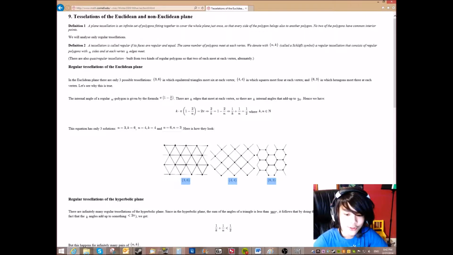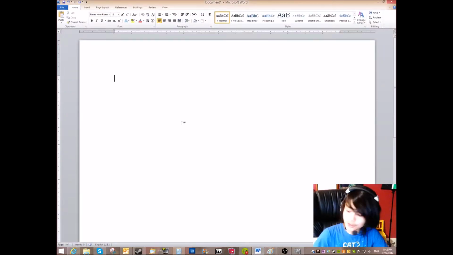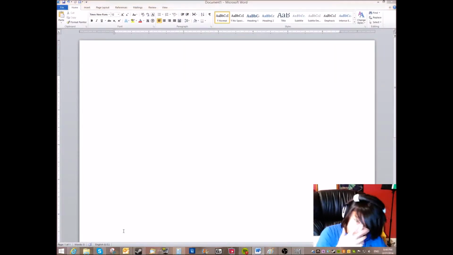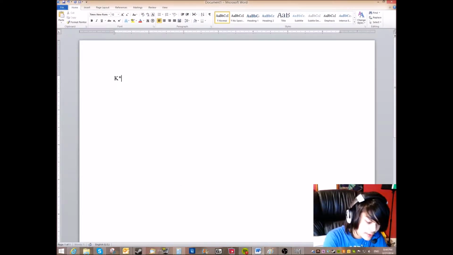I am going to show you an example of these tessellations. So, as for starters, I'm going to use the first equation, being k times n, it's k times pi times 1 minus 2 over n. And so that's the first equation.